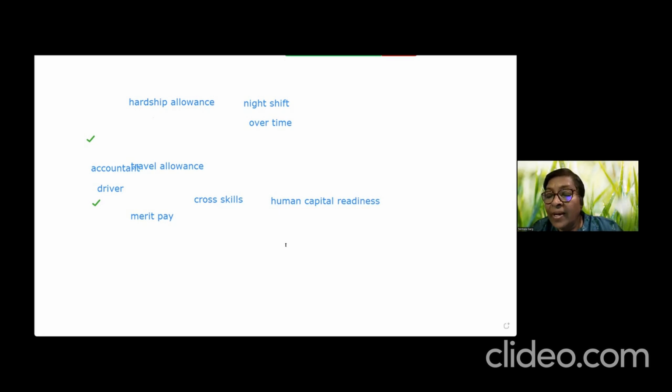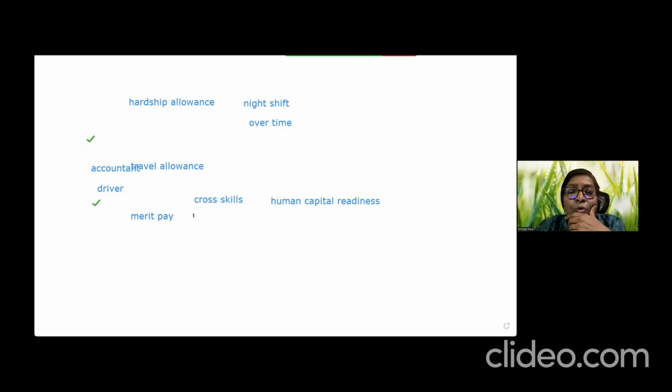So I need to look at my inventory of what are the kind of skill sets required, and then can I create a talent pipeline, ensuring that at any point of time I am in the green circle. Okay, guys.